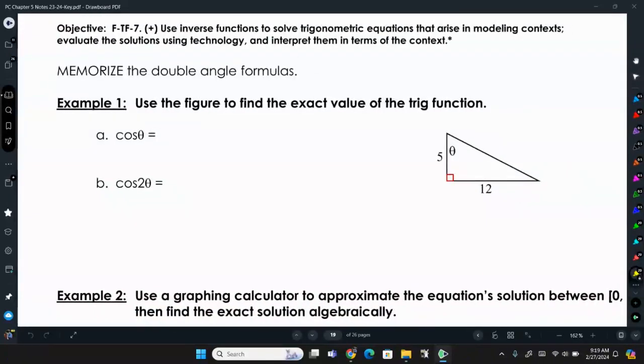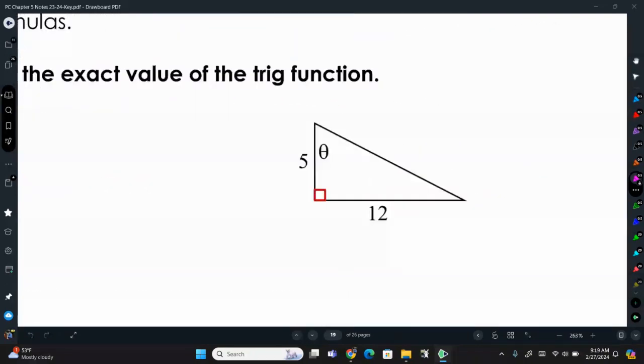So let's look at this here. Now we have a right triangle, and it's a Pythagorean triple. So if you know it, you know that's 13, but then you could do 5 squared plus 12 squared if you were unsure of what this value would be.